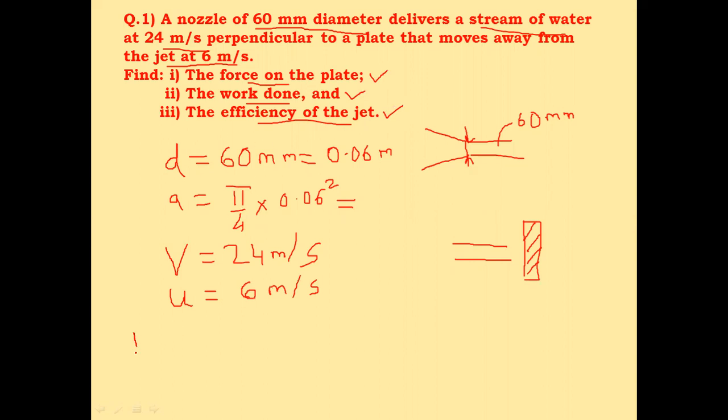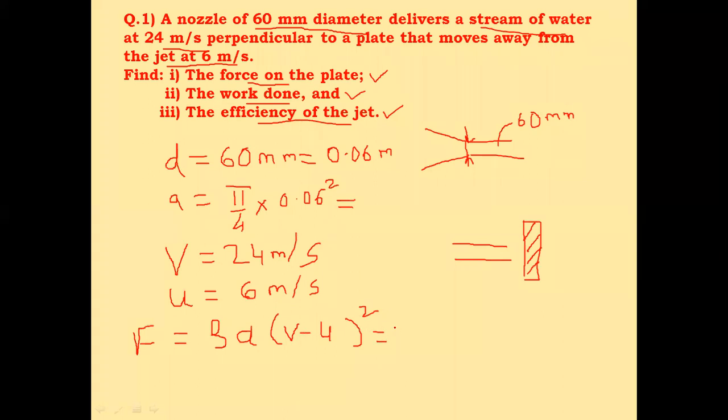Now, what is the formula for the force on the plate? Rho A (V minus U) whole bracket square. So is this the formula? Yes, sir.